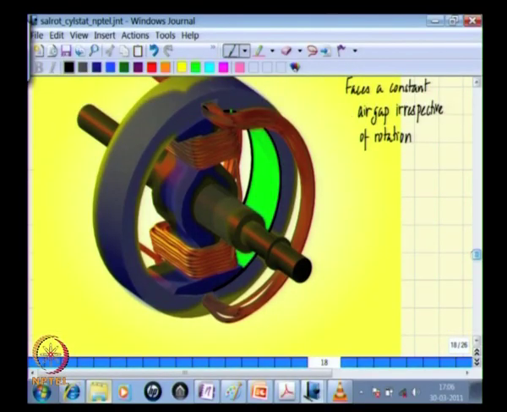And we also find that the flux is generated primarily in this region, there is not much flux in these regions, and therefore the area that is now relevant to look at for flux flow is the area that is covered by this pole face and that pole face which is lying there.